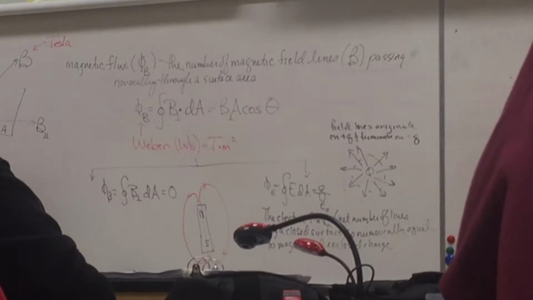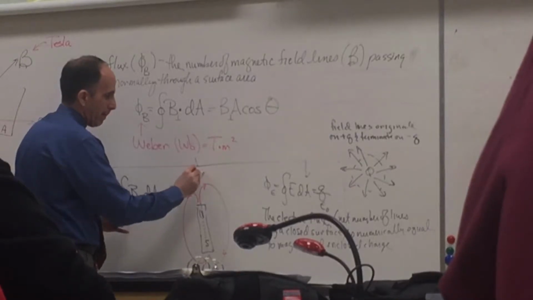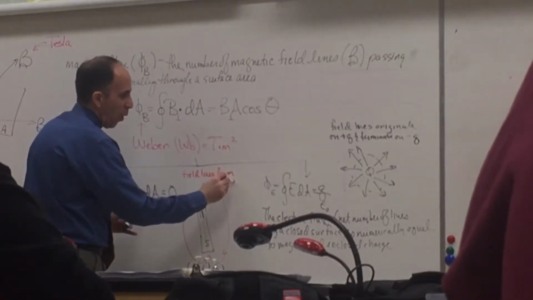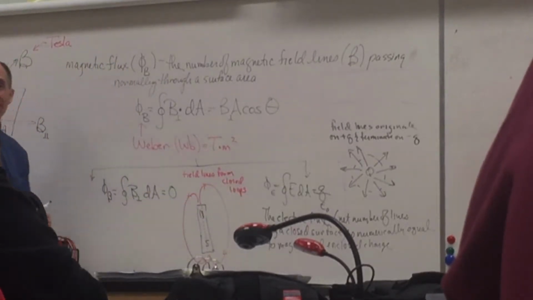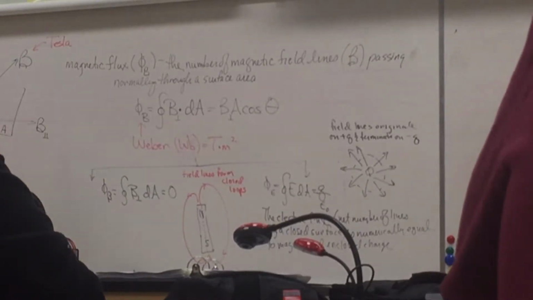So unlike field lines for electricity, these field lines form closed loops. There is no origin and termination. If you put a Gaussian surface around this magnet, the number of field lines going in and out are always equal to each other, so the net is 0, no matter where you put that Gaussian surface.